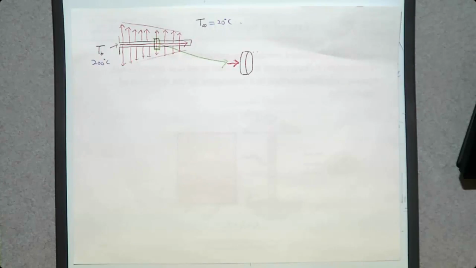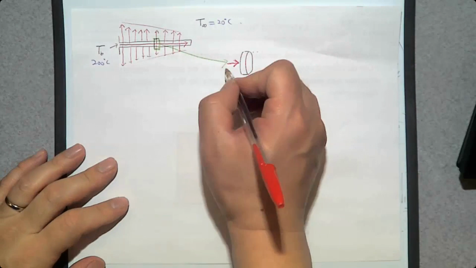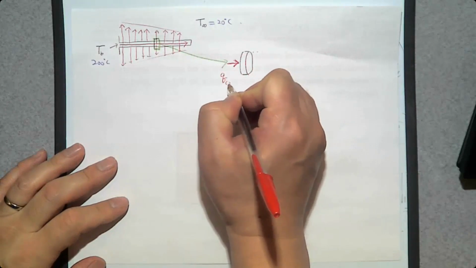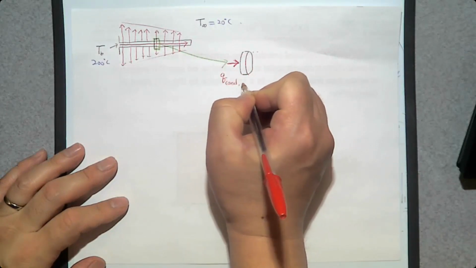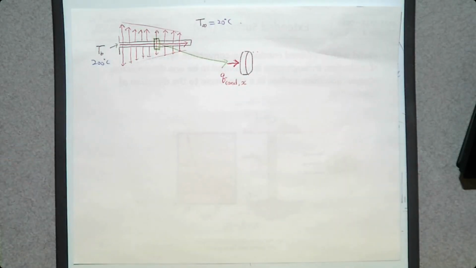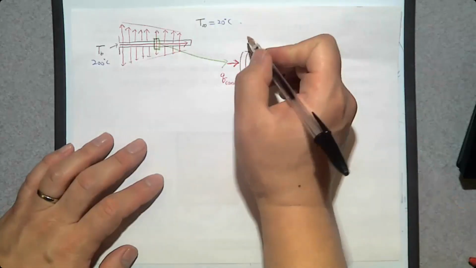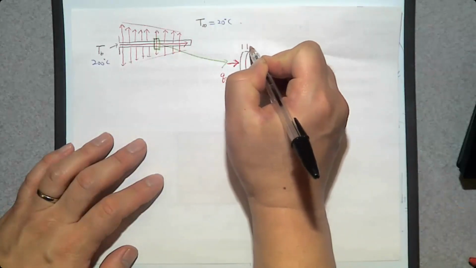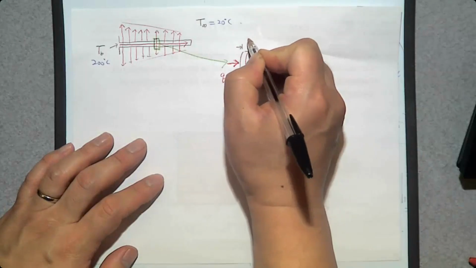No. That is through this solid fin. So that's going to be conduction. So this is Q by conduction when x is x. Let's say the thickness of this control volume, this one, I'm going to say this is dx.